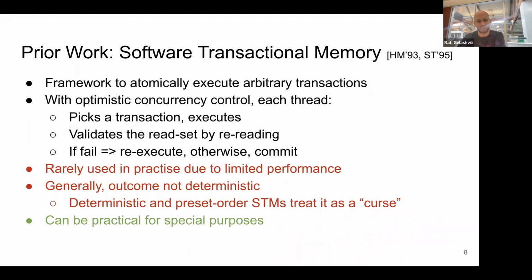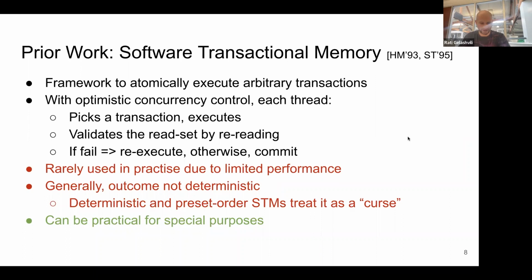And finally, one work that's very relevant and that we also took some inspiration from was software transactional memory systems. These are Dijkstra award-winning papers from 93 and 95. This is essentially a framework to atomically execute arbitrary transactions.